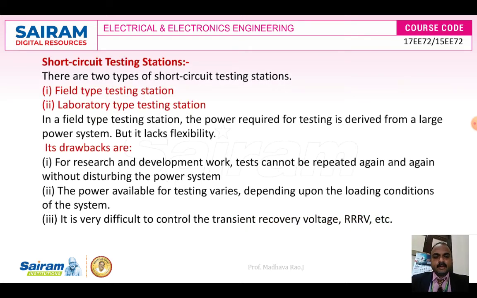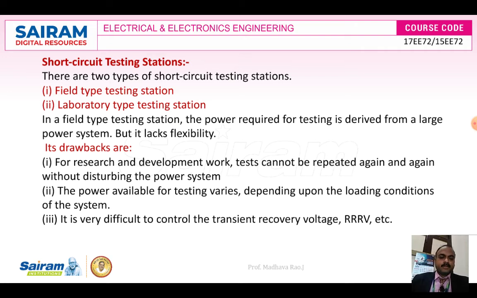Okay. Again, one more test we do on circuit breakers is the short circuit test. The short circuit test is done at short circuit test stations. There are two types of short circuit test stations: the field type test station and the laboratory type test station.